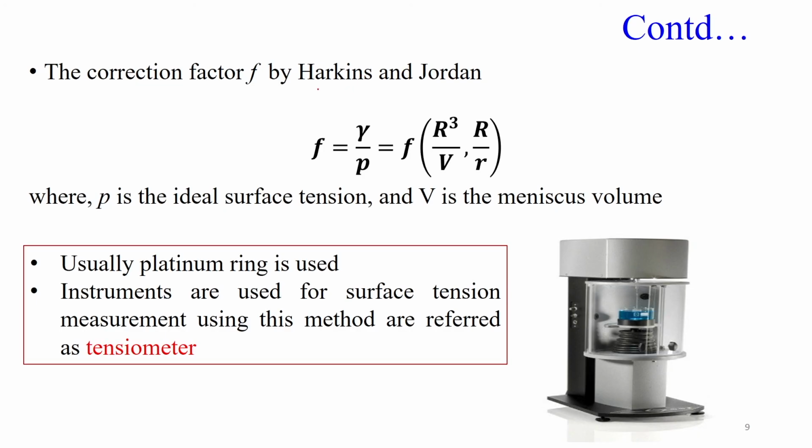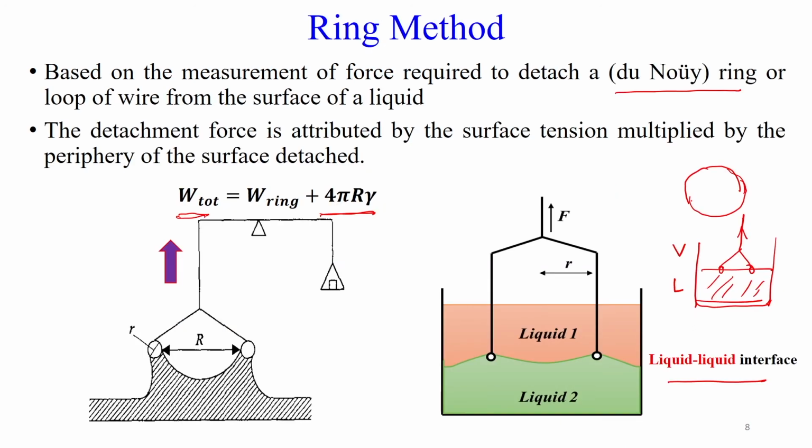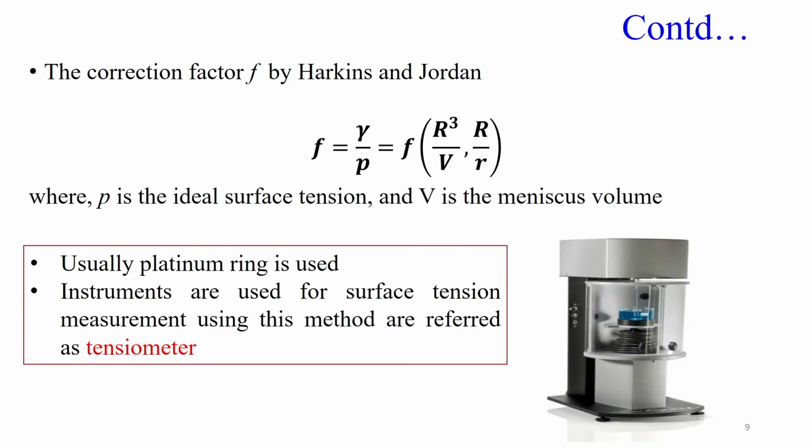So, considering this, Harkins and Jordan proposed the correction factor, but here the correction factor will be a function of two parameters. One will be the radius of the ring and the thickness of the ring, and apart from that, the other will be the same as we discussed for the drop volume method, that is the function of volume.